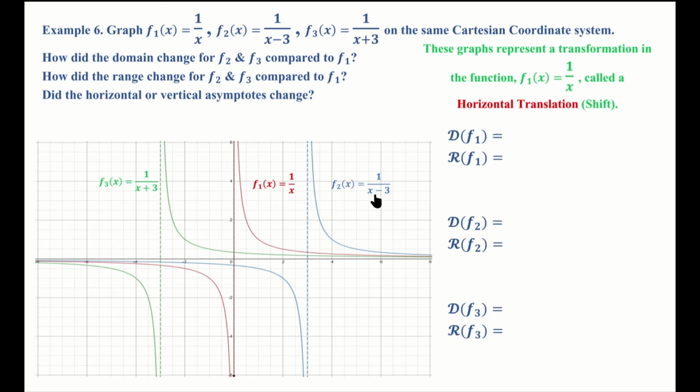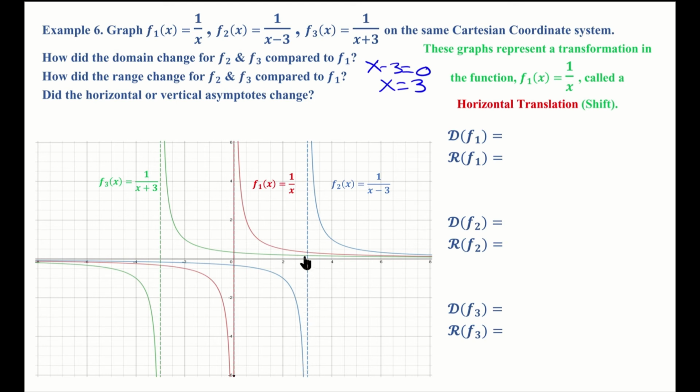The problematic point for 1 over x minus 3 is 3, because that's what makes this denominator 0. Just set the denominator equal to 0, and you get x equals what? In other words, if you just solve this simple equation, what do you get? You get x equals 3. So right there is where the new vertical asymptote is.